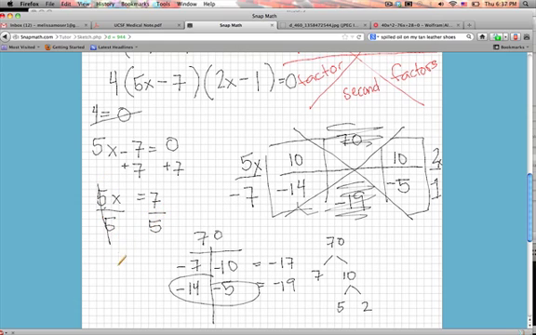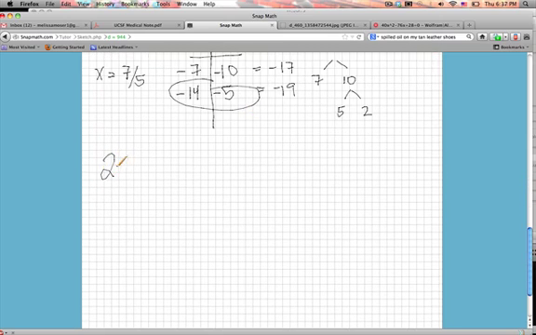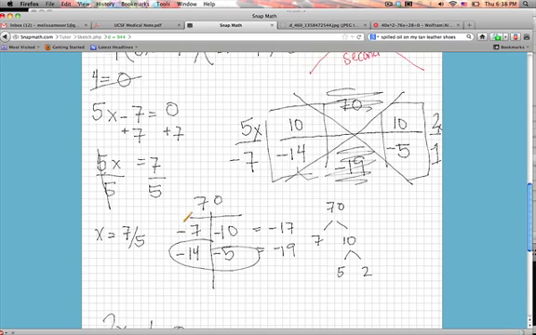That's going to cancel out on that side, and we get x is equal to 7/5. That is our solution that comes from this factor. Now let's go ahead and work on this factor and set that equal to 0. So 2x minus 1 is equal to 0. Again, that's coming from this factor right here.